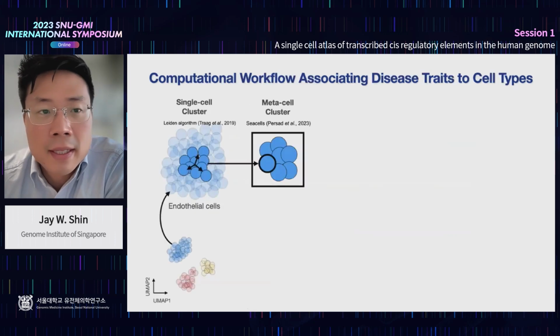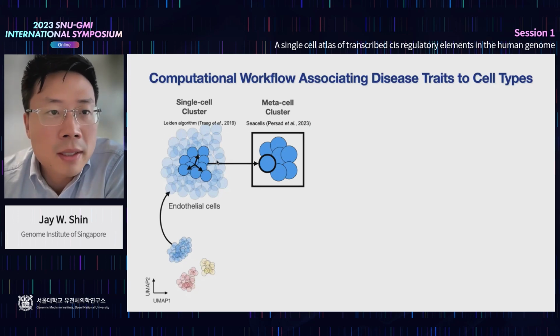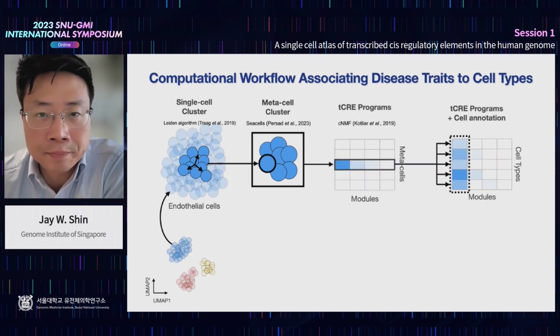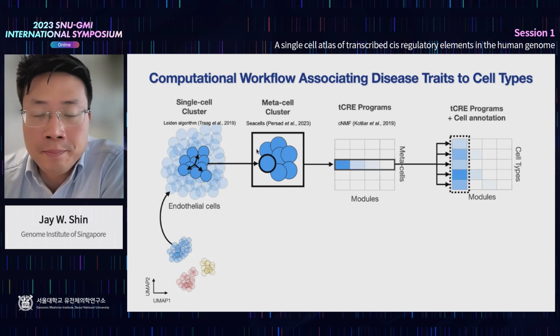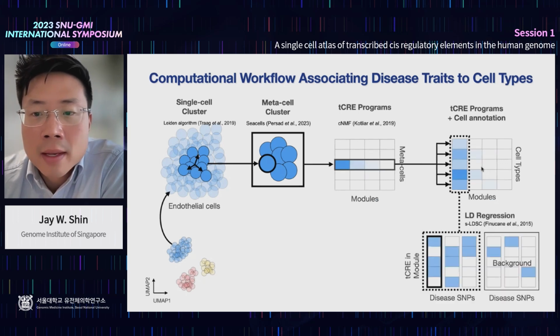To systematically develop this tool, we needed to build a pipeline. Here is first the single-cell clustering, and we perform metacell clustering. This metacell clustering was then transformed to understand their gene programs or modules, and these were then later utilized for cell type clustering.